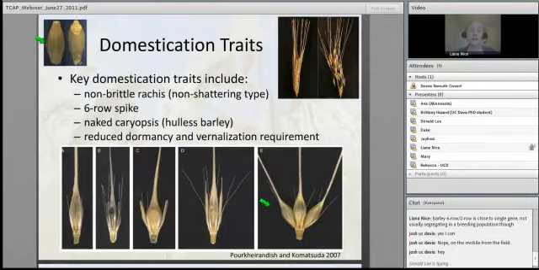And lastly, reduced dormancy and vernalization requirement, which may not be quite as obvious to the naked eye, but are very important when you're considering bringing exotic germplasm in, because you have to deal with these cold treatments to get your plants to flower.